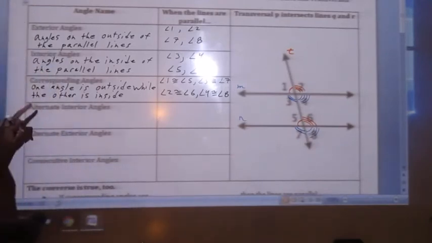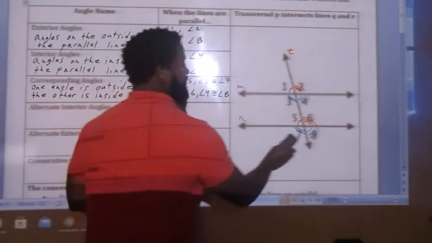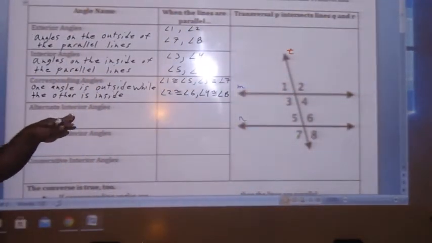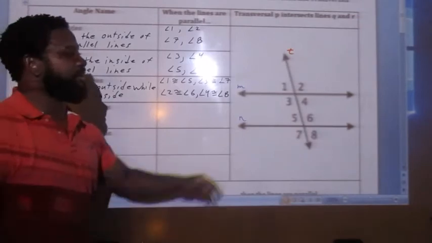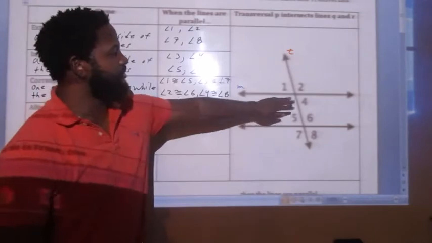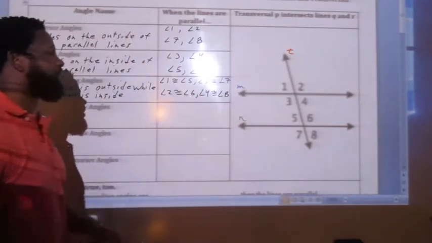All right. Alternate interior. Now this is alternate what? Interior. So therefore, are we working with the likes of 1, 2, 7, and 8? No. We're going to be working with the likes of these ones in the middle, okay?